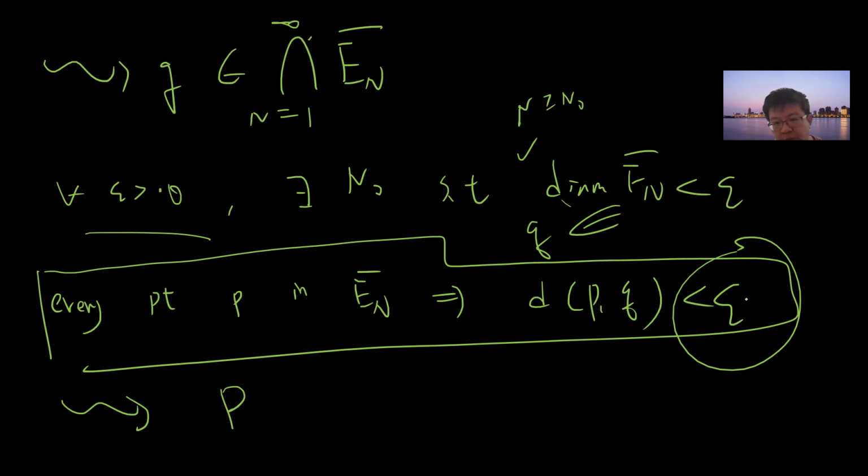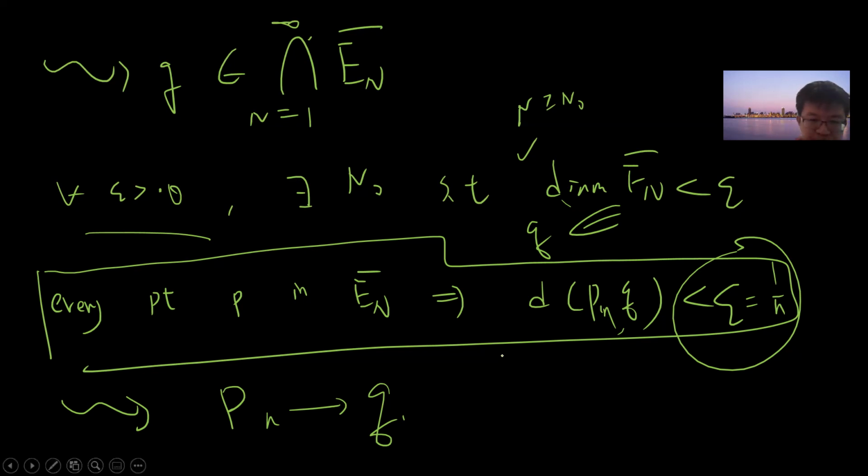So I can pick epsilon to be 1 over n, and find such Pn. By the old trick, Pn converges to Q. So this is the statement, and that is the proof.